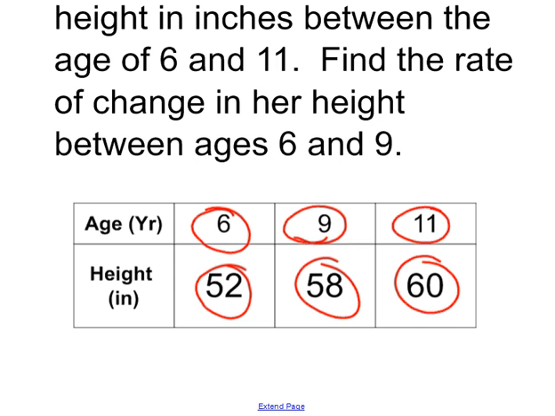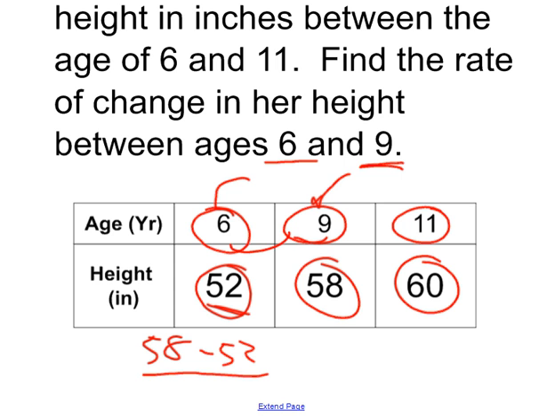The rate of change between ages 6 and 9: at 9, she was 58 inches tall, at age 6, she was 52 inches tall. So that shows the change in height, and the change in years would be 9 minus 6. So 58 minus 52 shows a 6-inch increase in 9 minus 6, or 3 years.